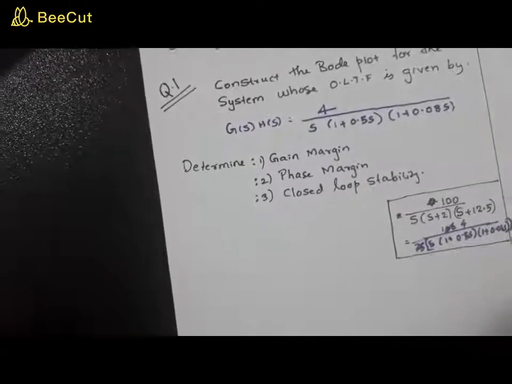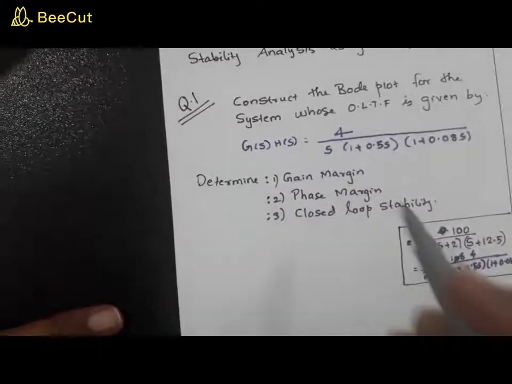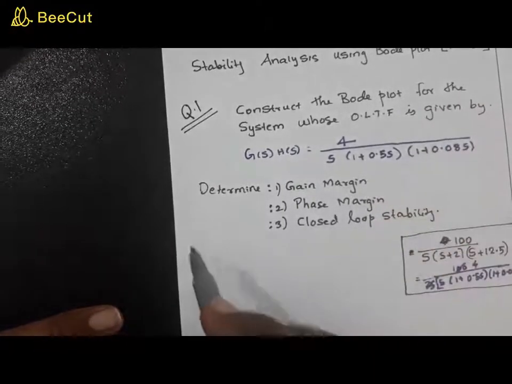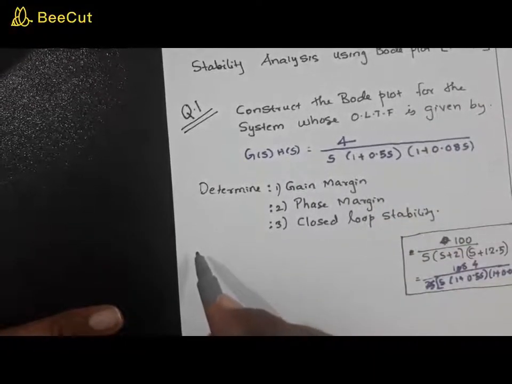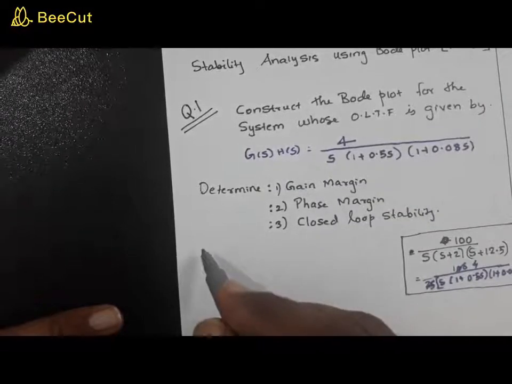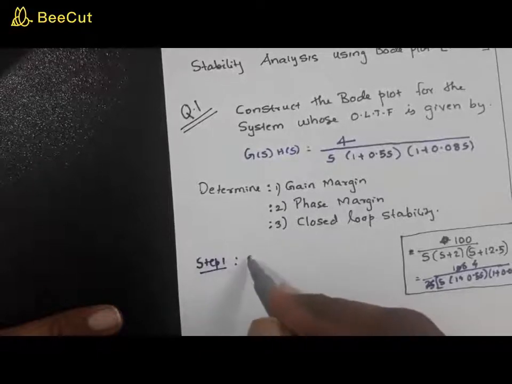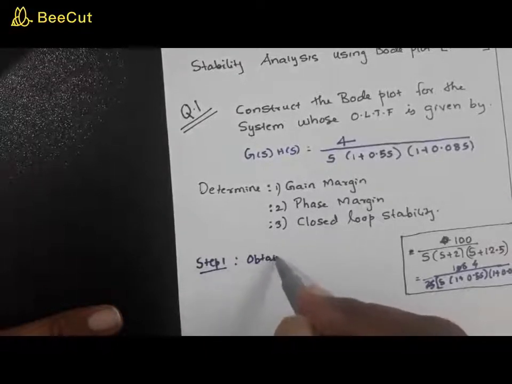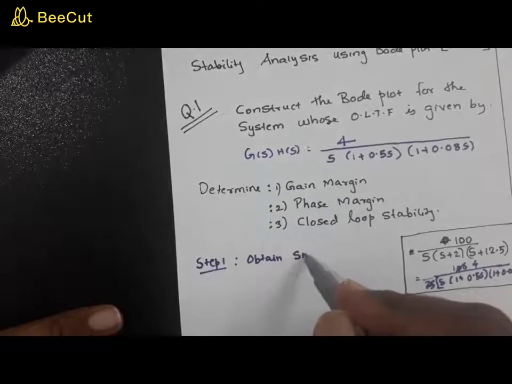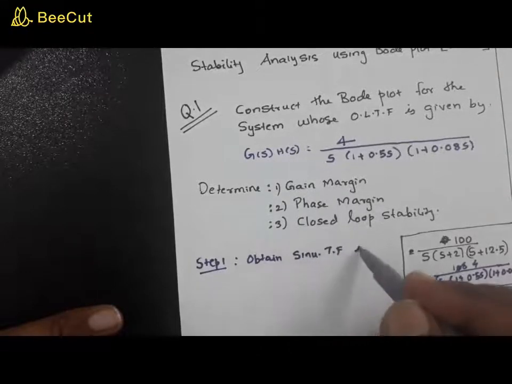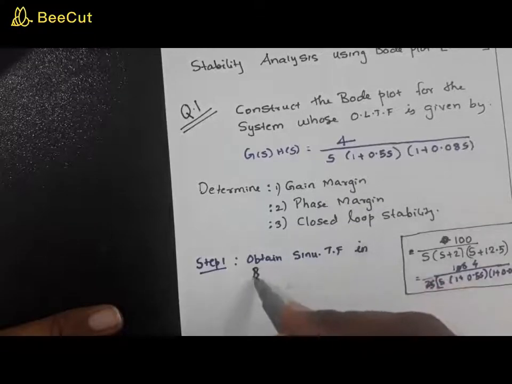Now let's start to do the procedure of constructing the Bode plot. I'm going to explain it step by step, and you should also follow that. So step 1 is to obtain the sinusoidal transfer function in Bode form. That is very important.